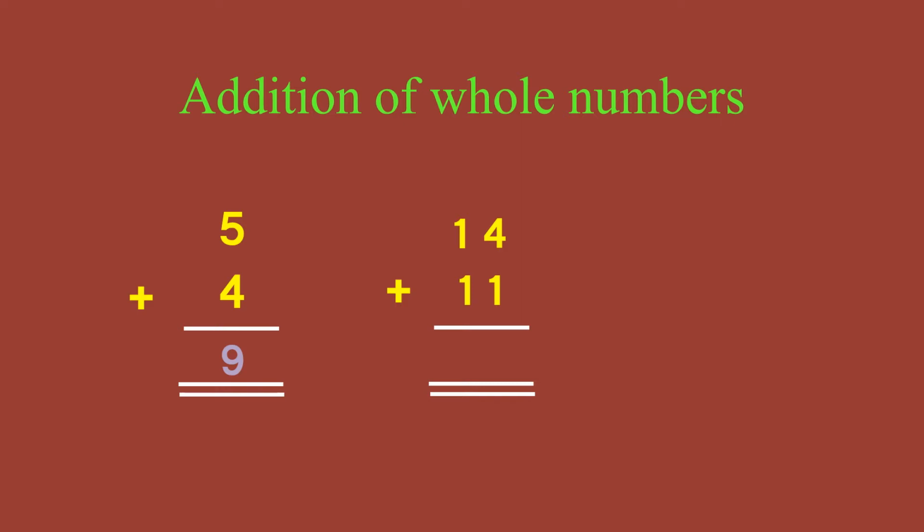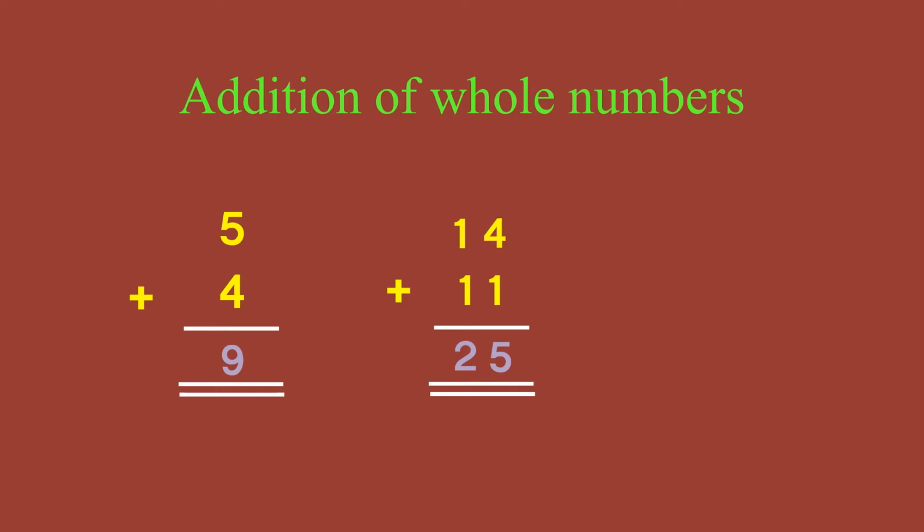So you have to add the ones place of the first number with the ones place of the second number. Then the tens place of the first number with the tens place of the second number. So we'll add 4 plus 1 equals 5. So we can write 5 under the ones place. Then 1 plus 1 equals 2. So we can write 2 under the tens place.